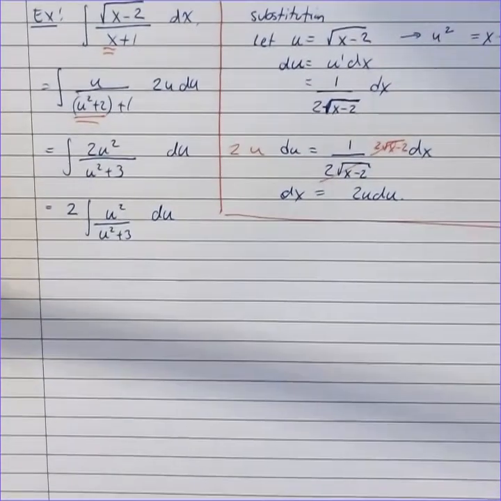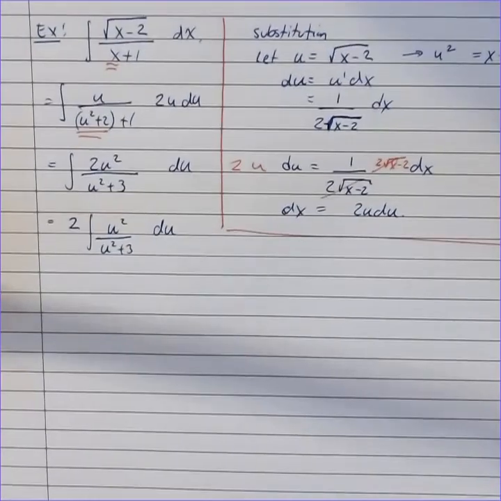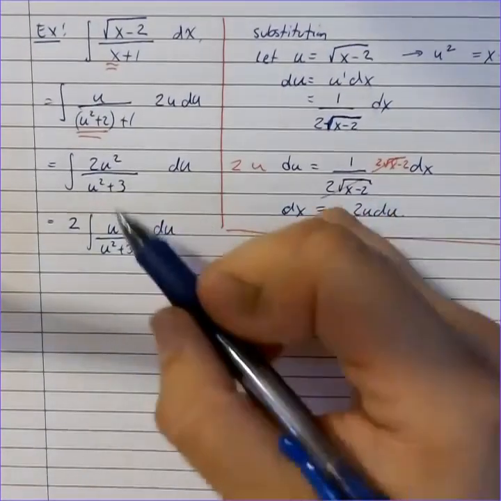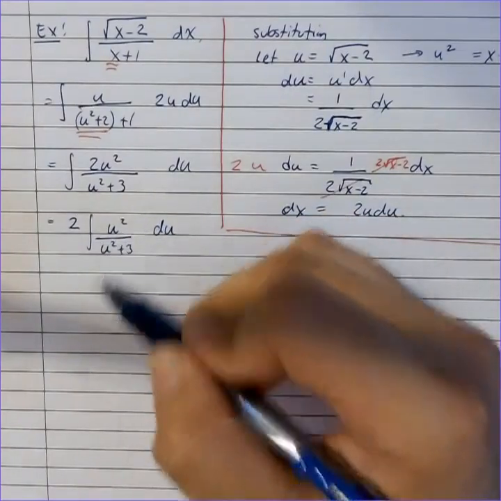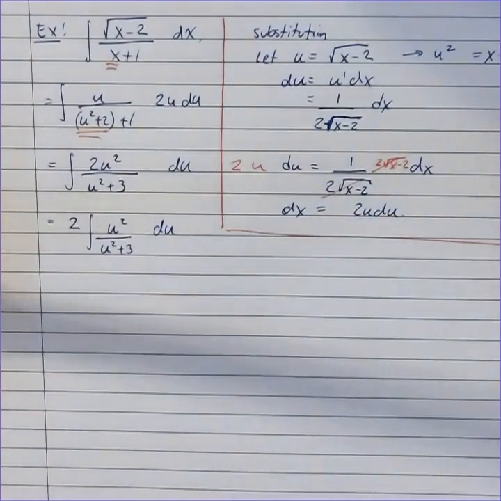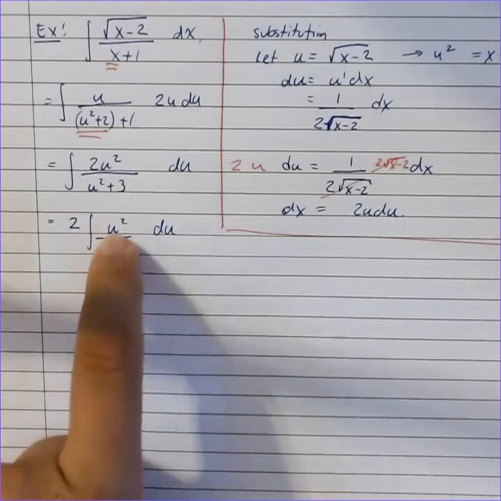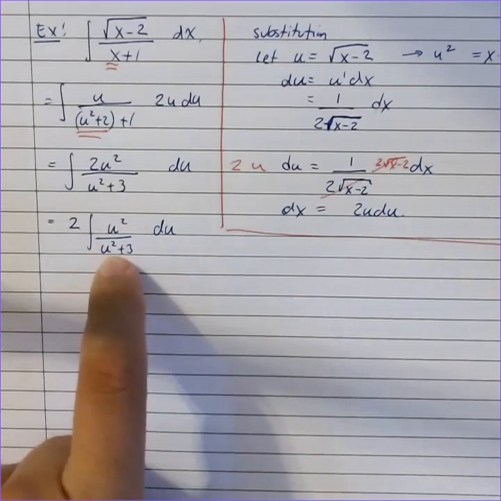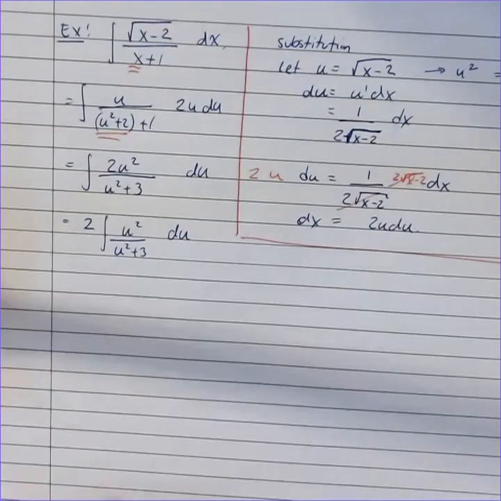And now, by our change of variables, we have a much simpler expression. Note right here, the numerator and the denominator have the same power. Whenever you have a numerator and denominator with the same power, you can divide first. In fact, you should divide first because that'll simplify the expression in a way that makes it a lot easier to work with, other than what we have here.